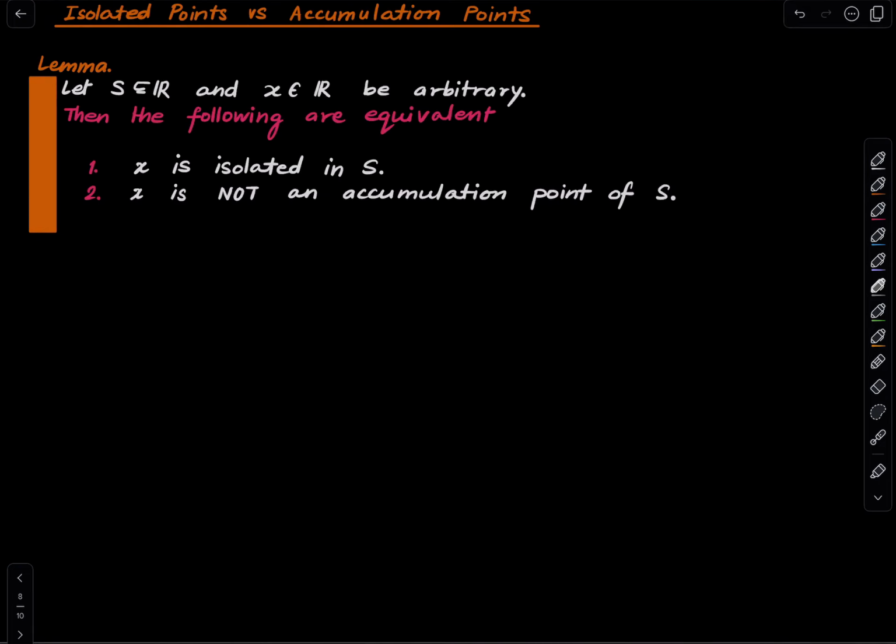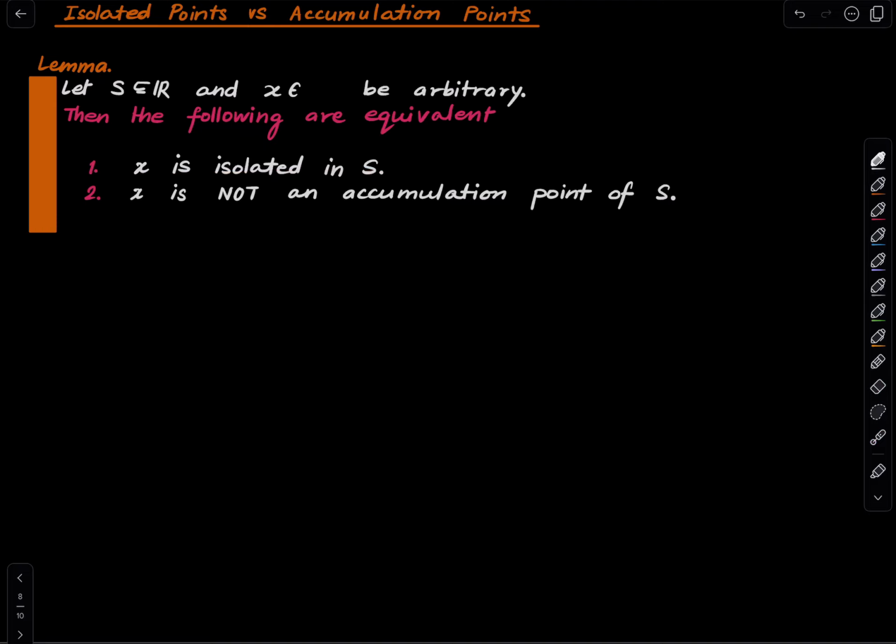And since it is a dual notion, or we feel in our guts that it is a dual notion, let's make that precise. Take any non-empty subset S of reals and fix a real number x arbitrarily. Then the following two statements are equivalent. The first is that x is isolated in S. So this is wrongly written.